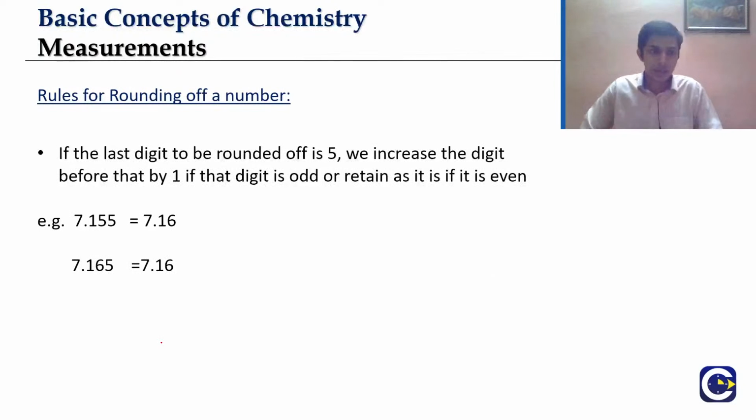Third rule says if the last digit to be rounded off is 5, this is where the controversy lies. If the last digit to be rounded off is 5, we increase the digit before that by 1 if that digit is odd.